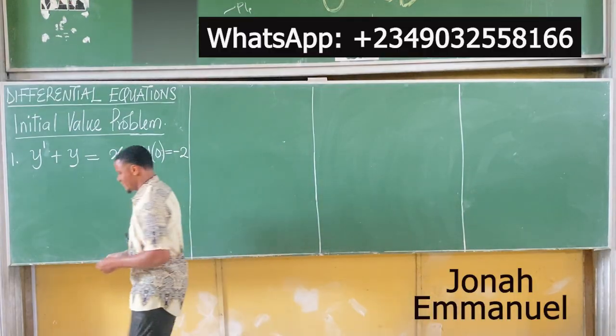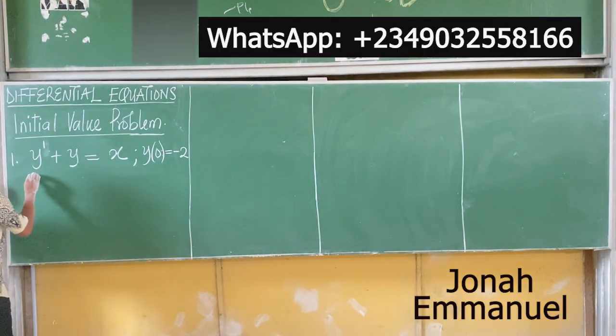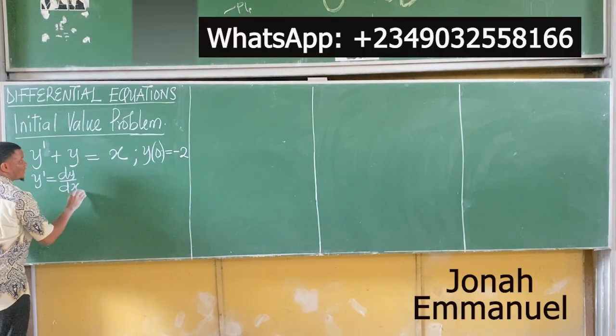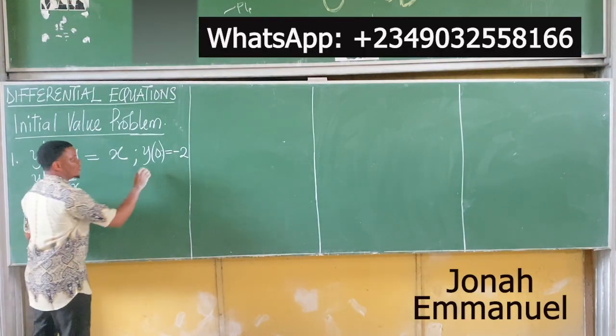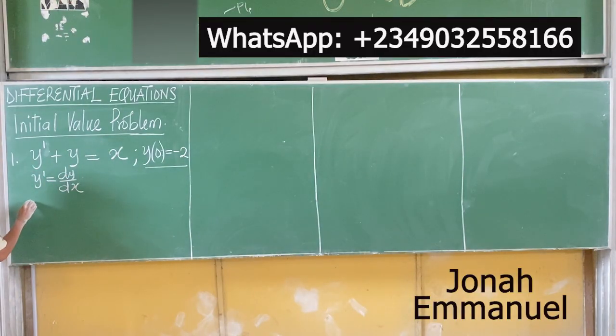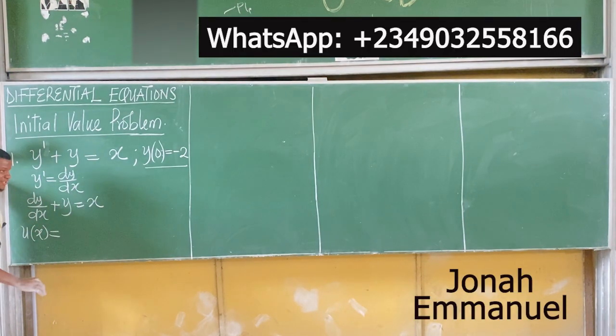But let's solve this. First things first, we know that y prime is equal to dy/dx. For the meantime, I would ignore this one here and focus on this. From here, you have dy/dx plus y is equal to x. Let's get u of x. U of x is simply the coefficient of y.